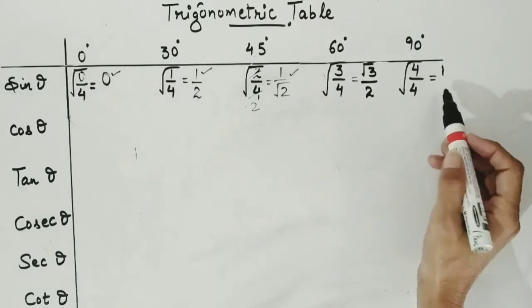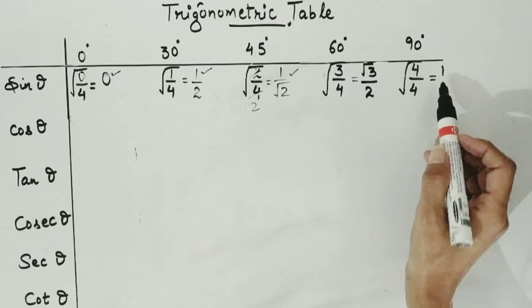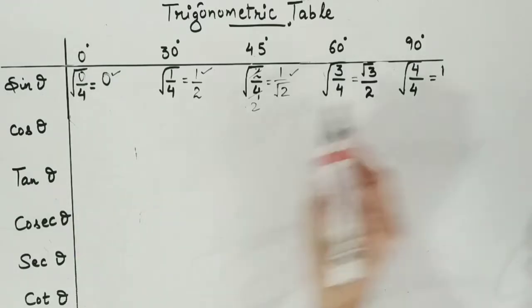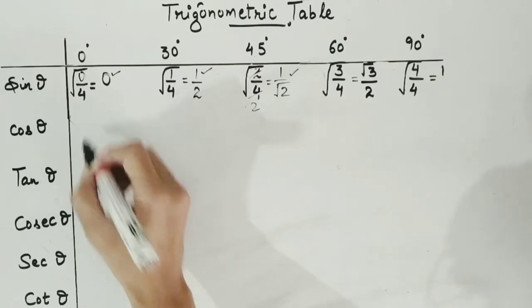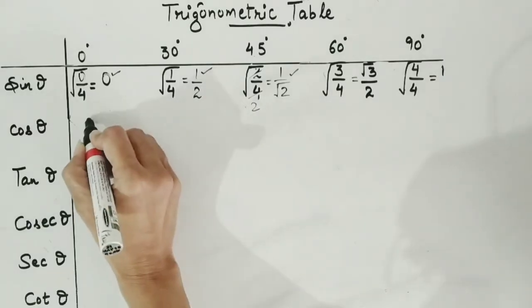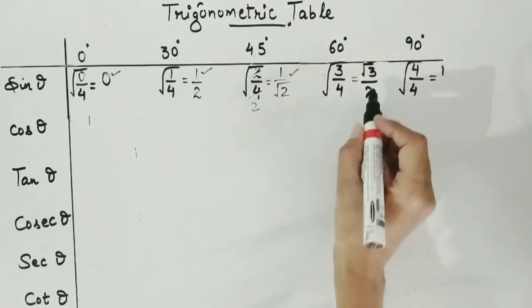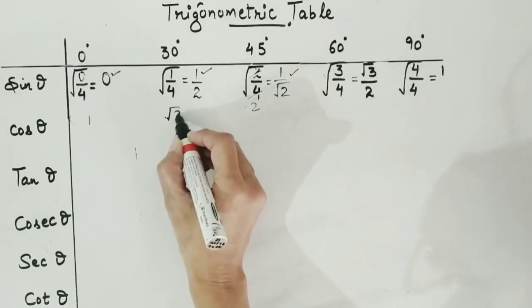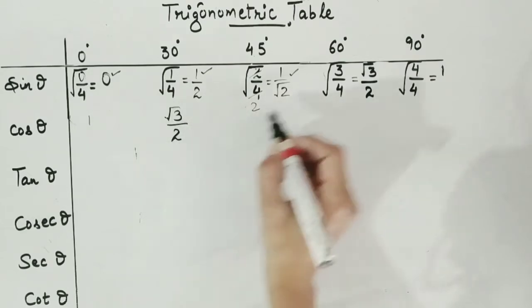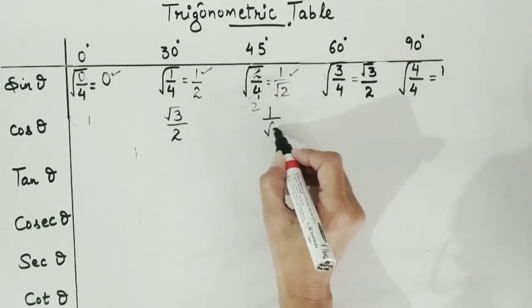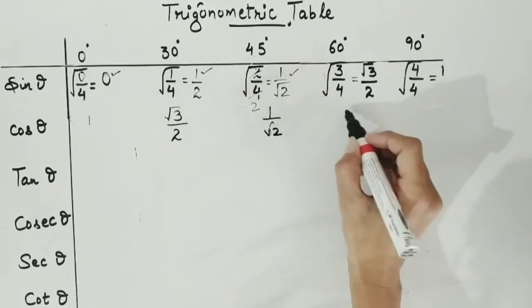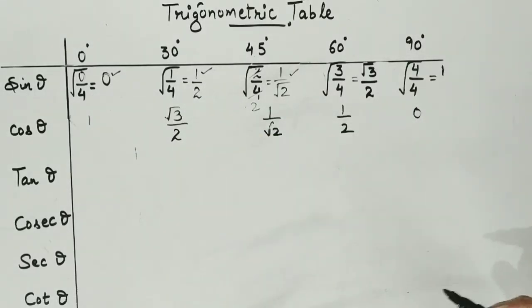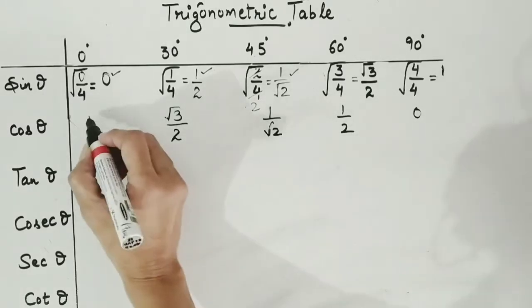So let us quickly reverse it out to get all 5 values for cos. 1 comes here, then root 3 by 2, then 1 by root 2, bring it here, and 0 comes here. That's it. Sine cos are done.